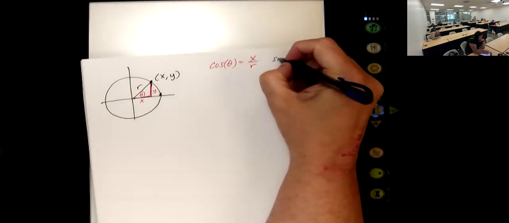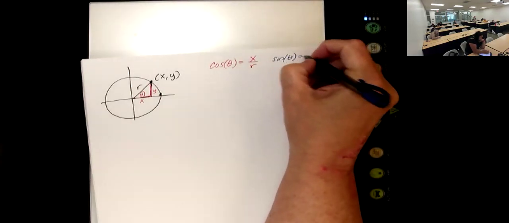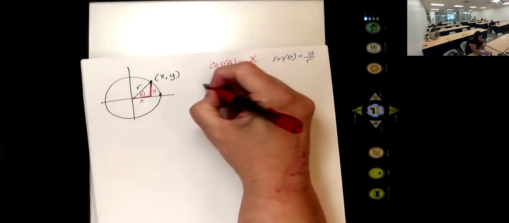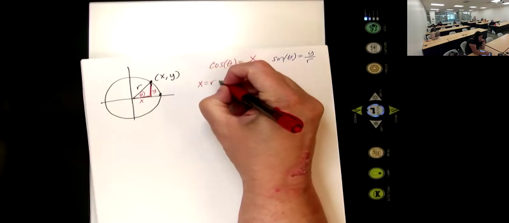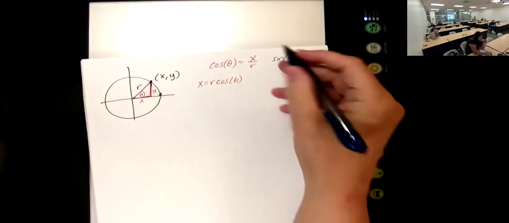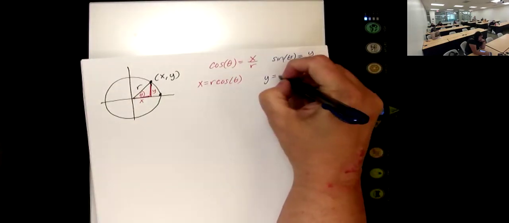Sine theta is opposite over hypotenuse, which would be y over r. So if we multiply both sides by r, we're gonna get x equals r times cosine theta, and y equals r times sine theta.